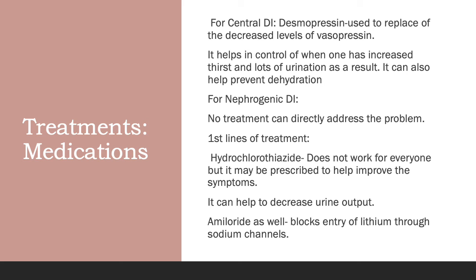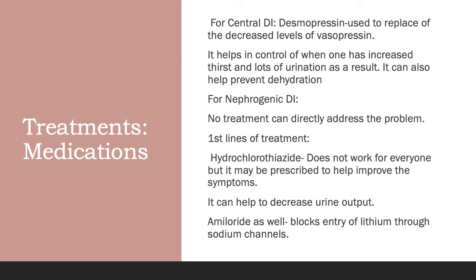So for nephrogenic diabetes insipidus, there isn't an exact treatment that can directly address the problem, but some of the first lines of treatment that they'll use for nephrogenic diabetes insipidus include hydrochlorothiazide.